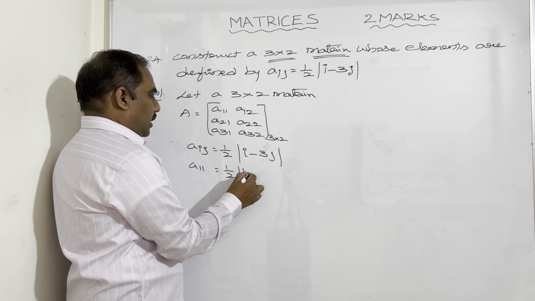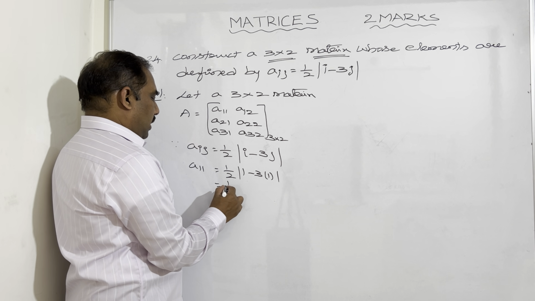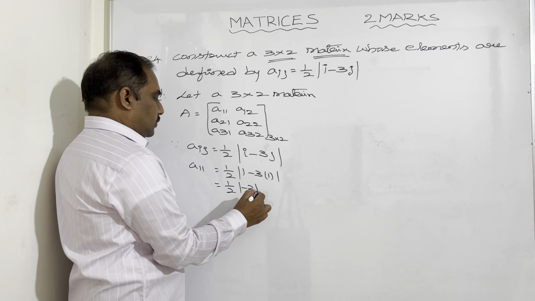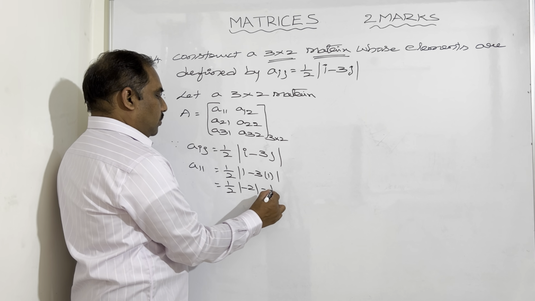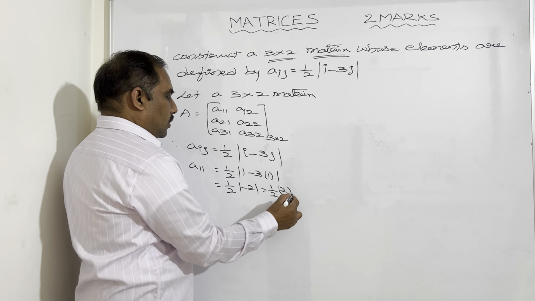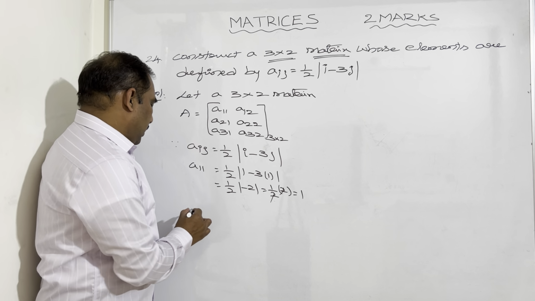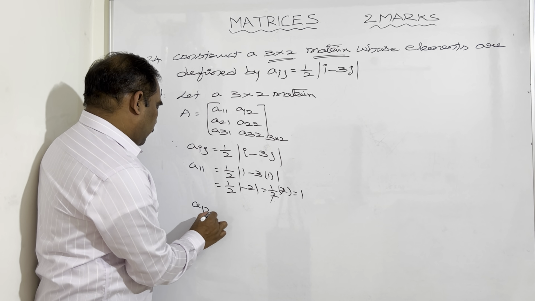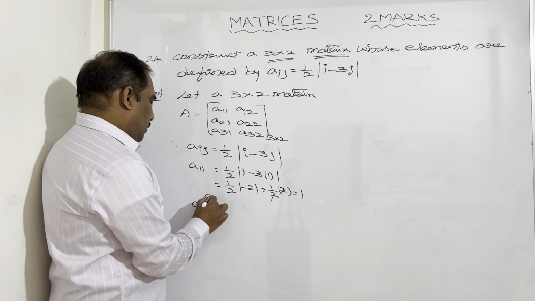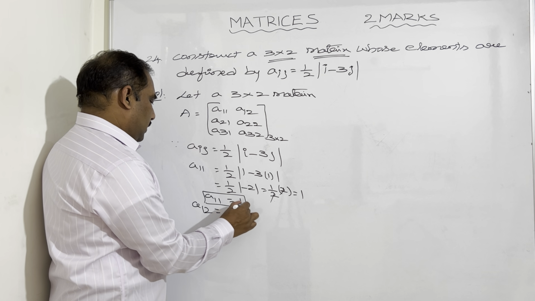Substituting in this, 1 minus 3 into 1, which is equal to 1 by 2 into modulus of 1 minus 3, that is minus 2, which is nothing but 1 by 2 into modulus of minus 2, what? Plus 2. So which is equal to, 2 gets cancelled, 1. So A11 is equal to 1.